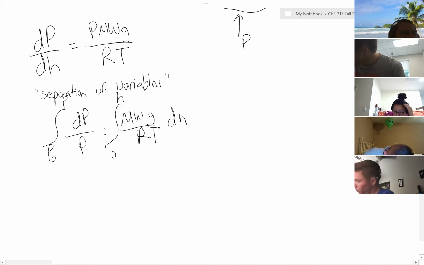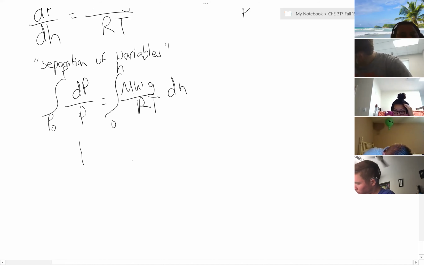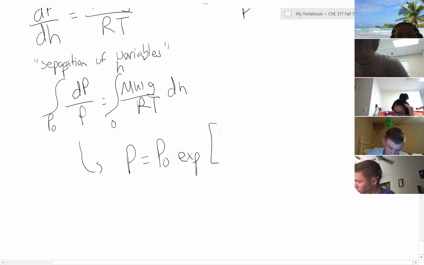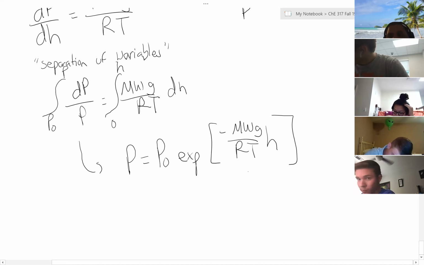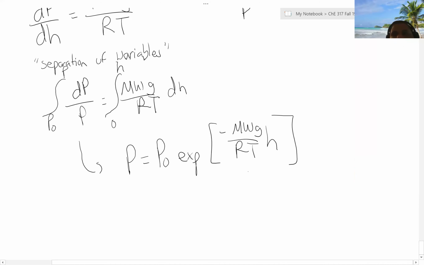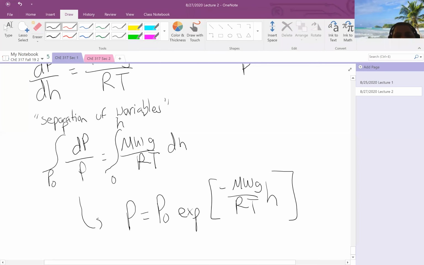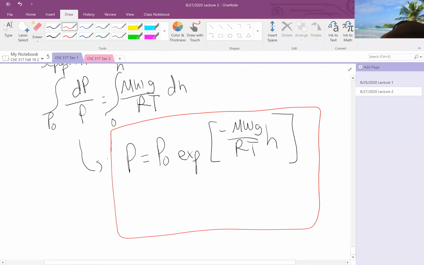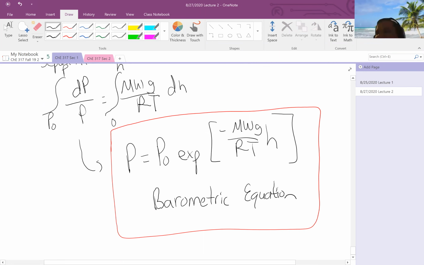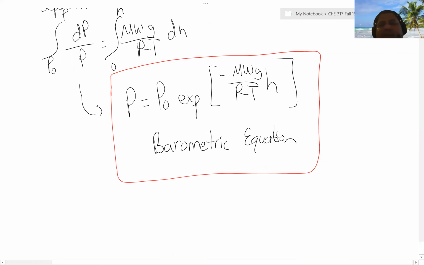If I integrate and solve, I'm left with P is equal to P naught times the exponential of negative molecular weight g over RT times h, which is a reasonably important equation, which we call the barometric equation, which describes fluid statics as it applies to compressible fluids.